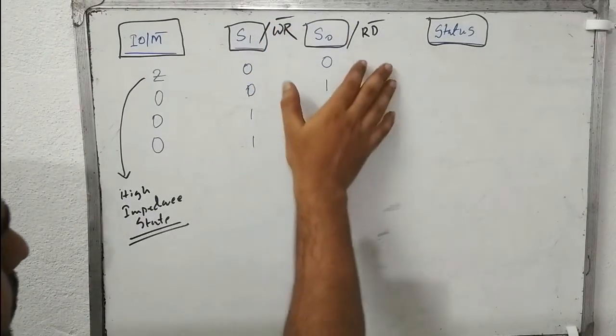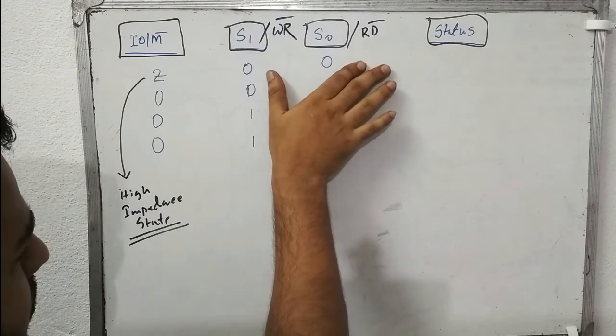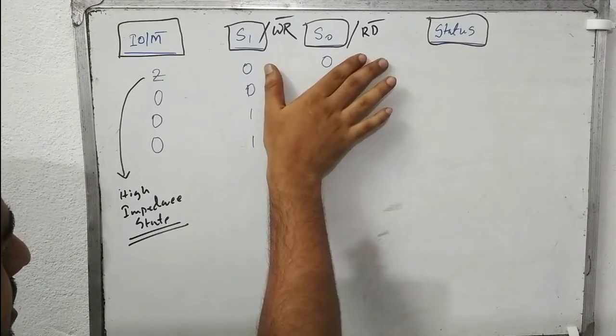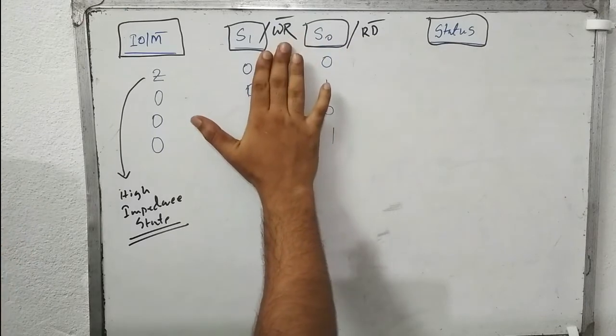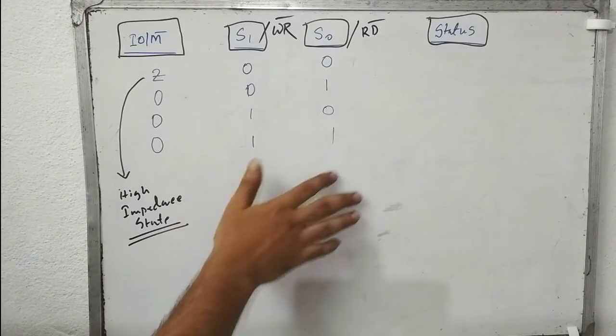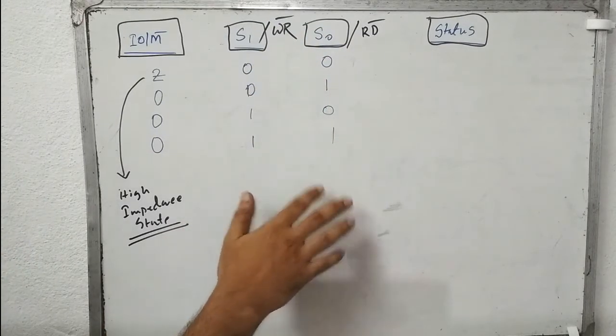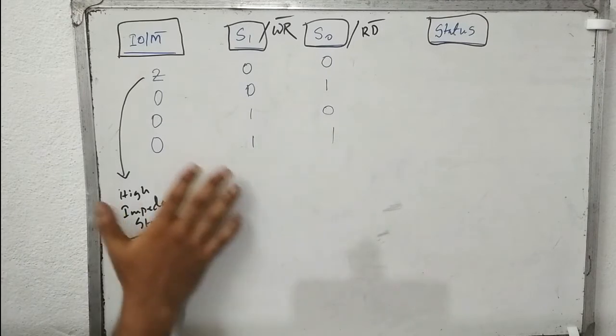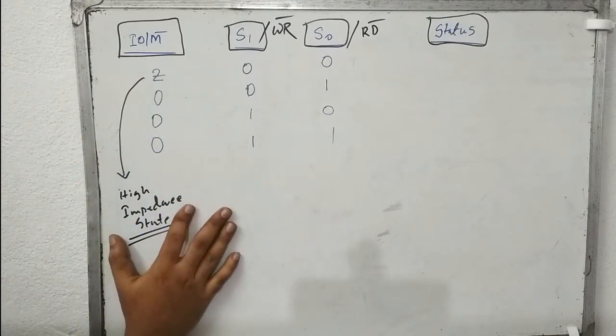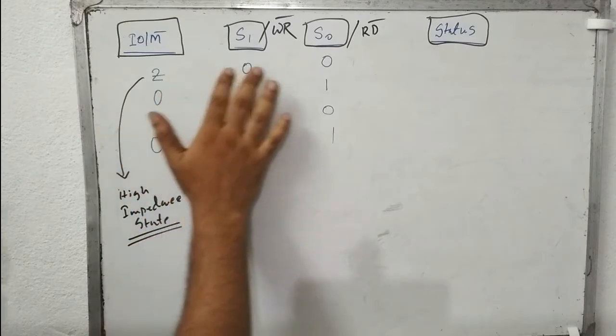When we perform some operation, we will decide those operations on the basis of read and write. That will also help you understand which operation it is going to perform. So this is Z, the high impedance state that you can see here. So this Z 0 0.